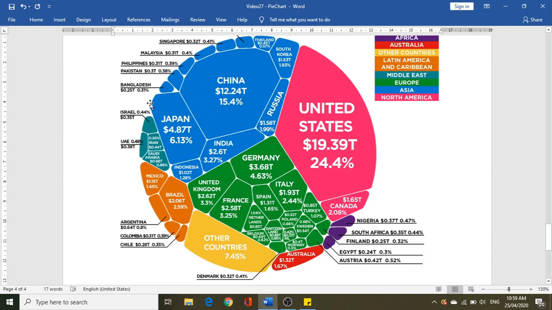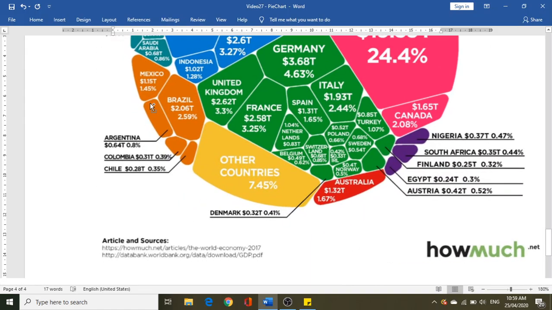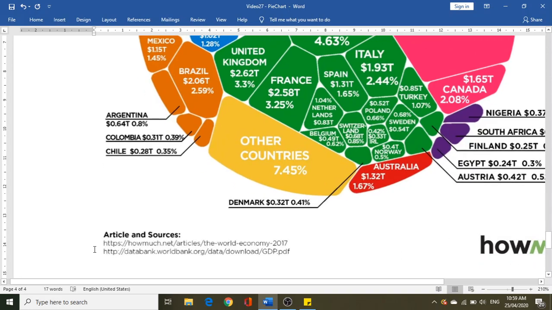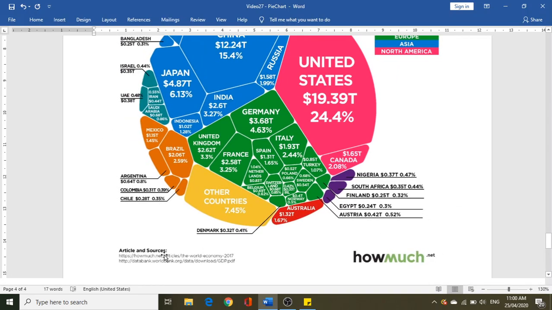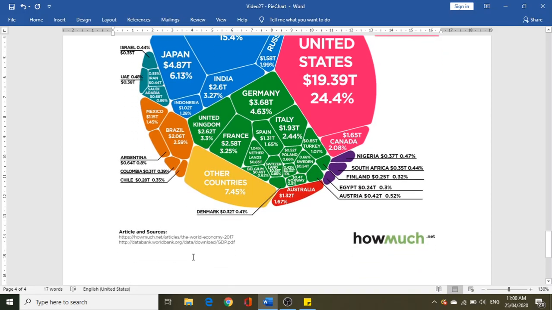And so these figures were extracted from a web page that I saw, and that's the web page over there, howmuch.net. And then in turn, the web page extracted the data from World Bank sources. Okay, so we're going to be mentioning that in the introductory paragraph. And so here goes the description.